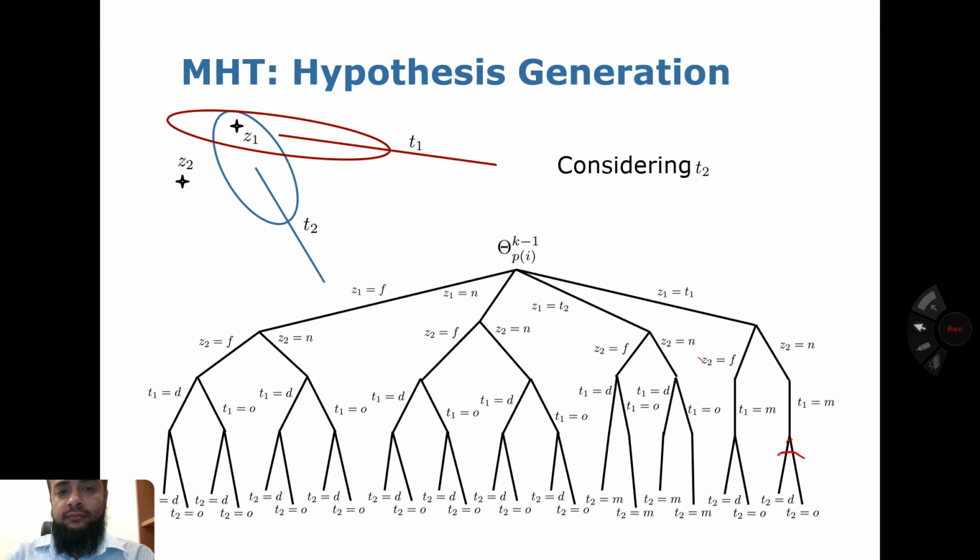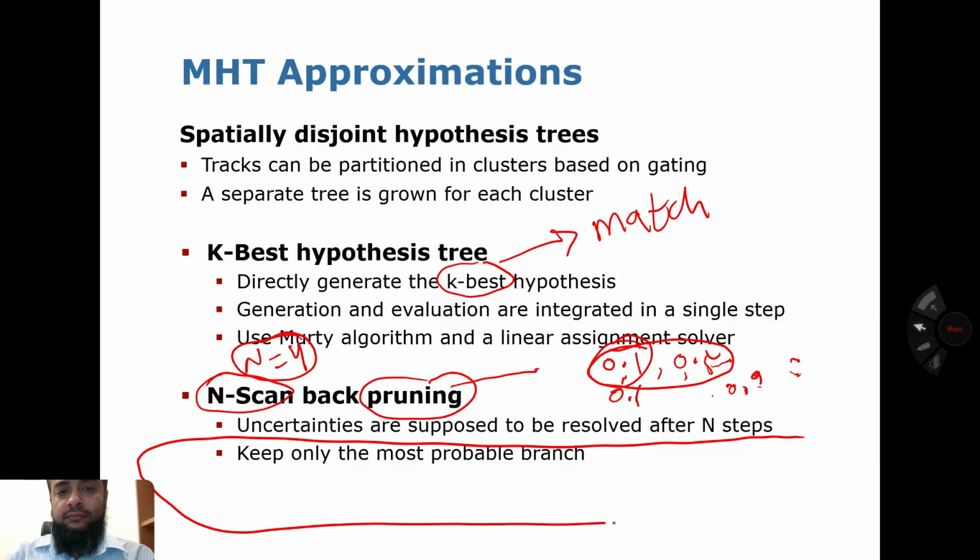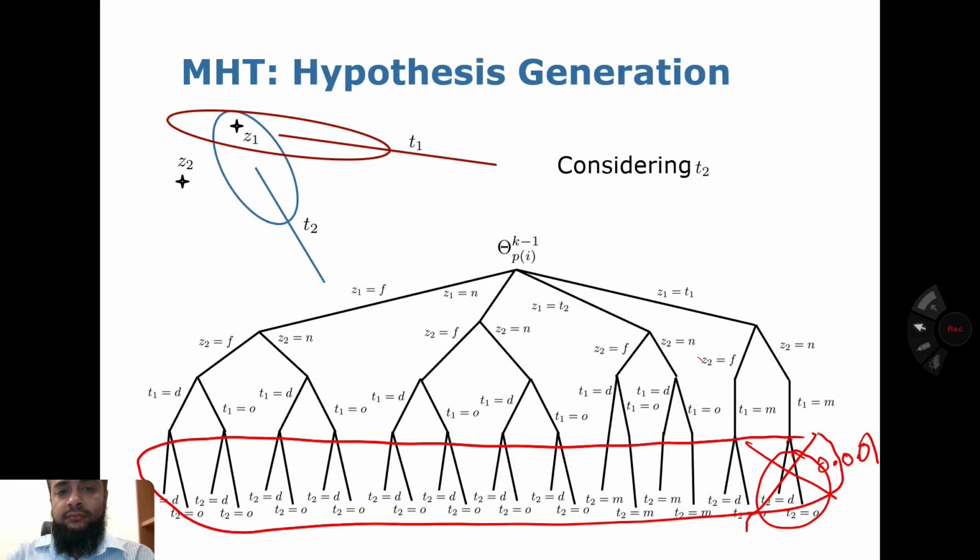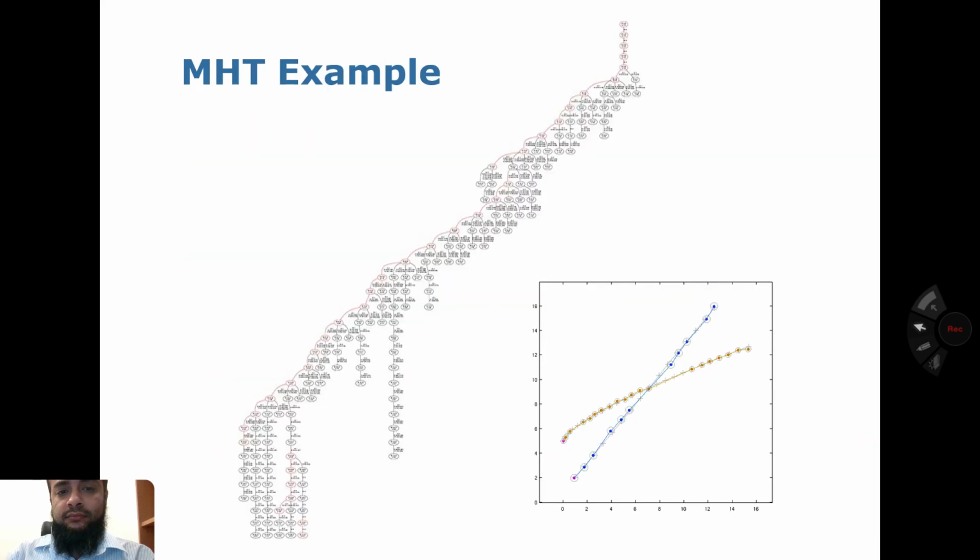Suppose this hypothesis has 0.001, and it is less than the pruning threshold, so it can be deleted. In this way, the whole growth of the tree is reduced. So this is an MHT example: tracking of two targets which are crossing like this, and this is the hypothesis tree in each scan.